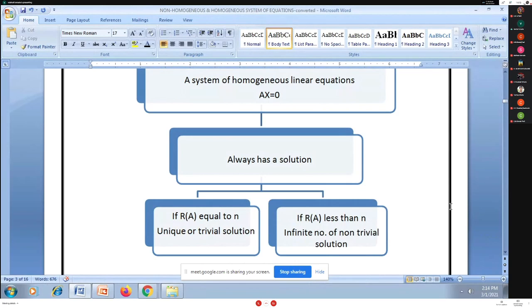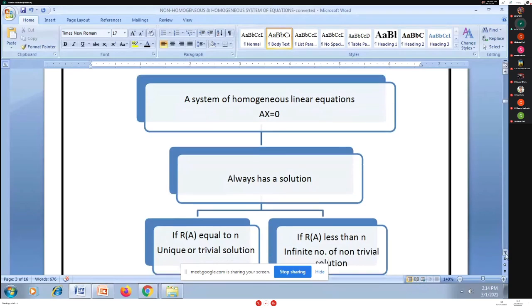Non-trivial solutions mean not all unknowns are 0. For a non-trivial solution, I can have an infinite number of solutions. So a homogeneous system has either the trivial solution or infinitely many solutions, only these 2 types.